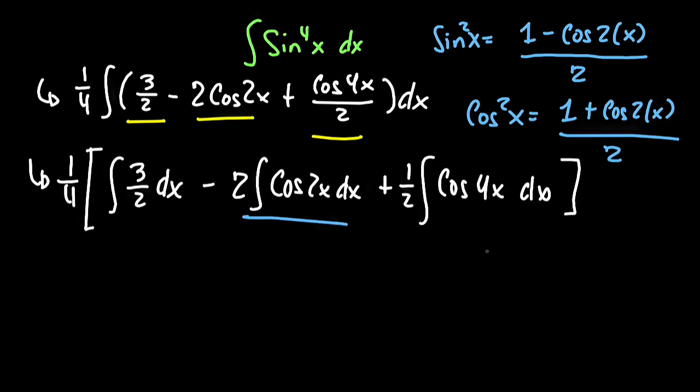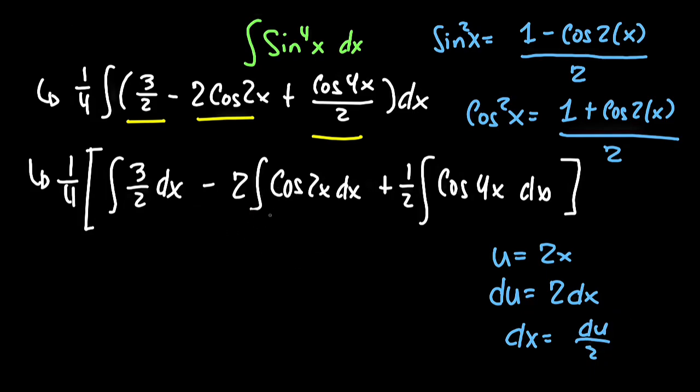Focusing on this, let u here be simply 2x. And when doing u substitution, take the derivative of it. The derivative of 2x is simply 2, multiplied by dx since it is with respect to x. Next step would be to isolate dx here in order to substitute it in here, which makes it dx equal to du over 2.